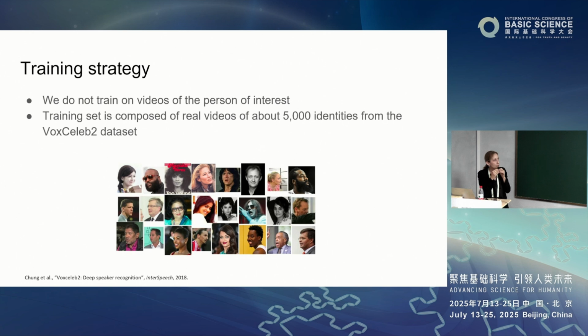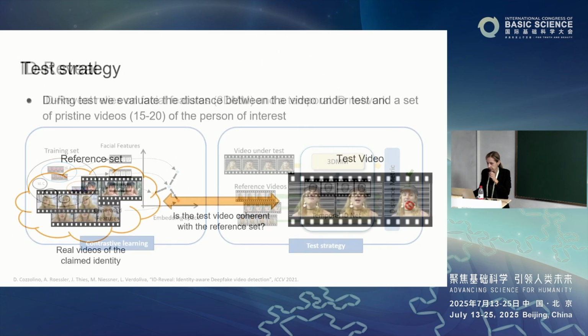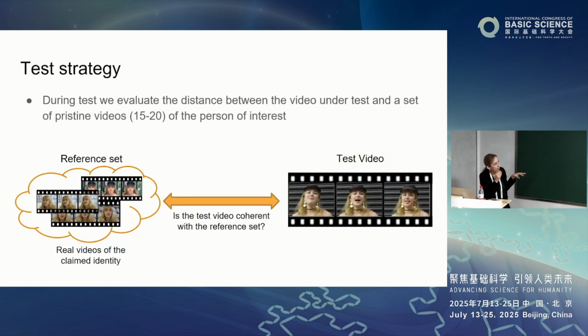So during training, we used a data set that was already available, of about 5,000 different identities, and we trained our method on such identities. And during test, what we did was extract some features from a reference set of real videos of the claimed identity, and then compare with features extracted from the test video.